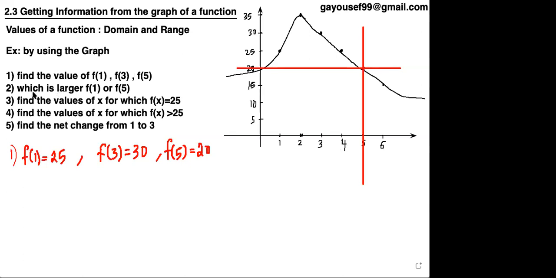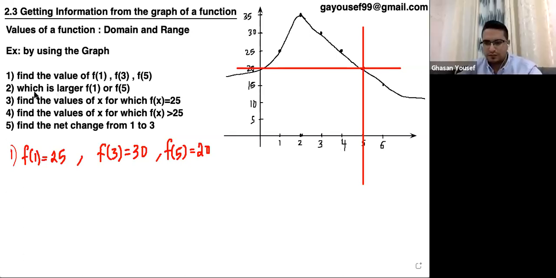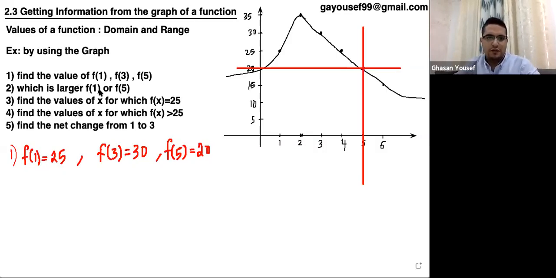Okay, for the second question, which is larger, f of 1 or f of 5? You go to f of 1, you see the distance from the x-axis until the line intersects the curve is 25. And for f of 5 it is 20. So which is larger, 25 or 20? Natasha said f of 1.